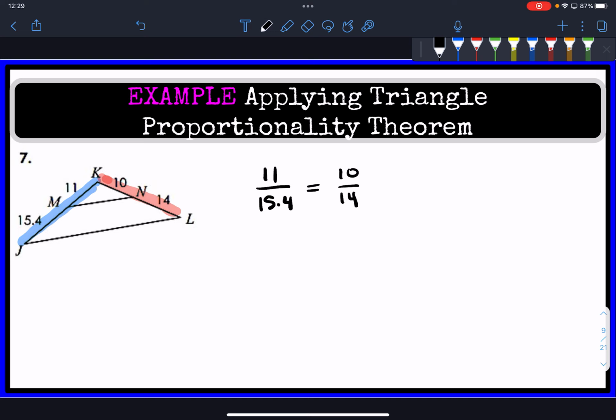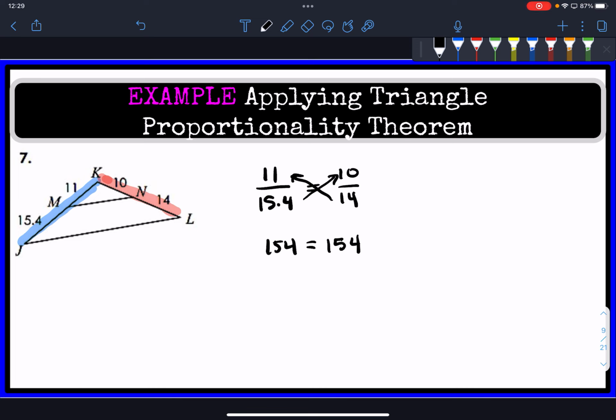And the way that we verify this is by cross multiplying. So if I multiply 11 with 14, that is equal to a total of 154. And if I multiply 15.4 with 10, that is also equal to 154.